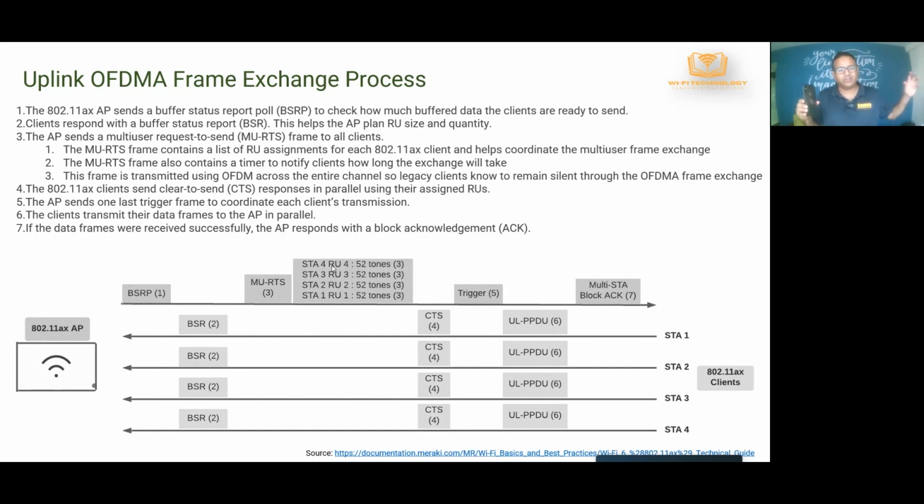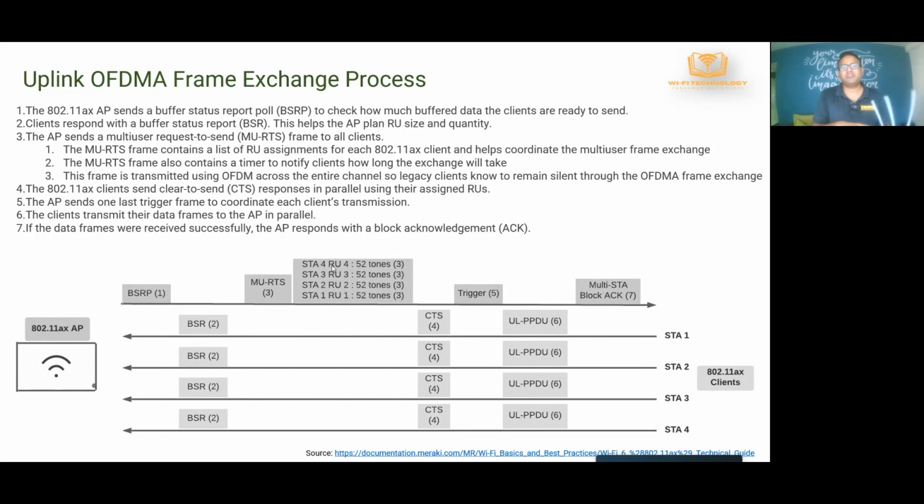So the AP will send a buffer status report poll message, which is a broadcast message across the entire bandwidth, and then all the stations that are willing to participate in the OFDMA communication will send their respective buffer status reports. Once the buffer status reports are received, the AP will have an idea of, okay, station 1 has so much buffer data, station 2 has so much data, station 3 has so much data, and based on that information, the AP can do the RU allocation, right?